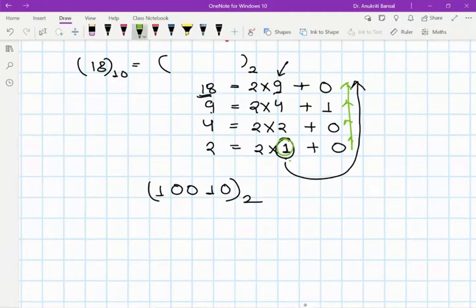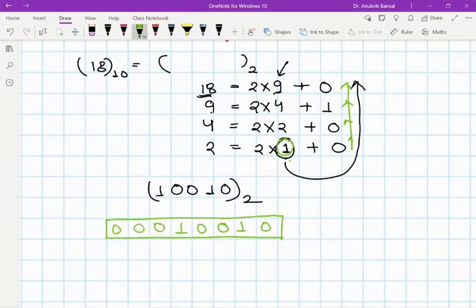So I have a total of 8 bits. This is my number, which is occupying 5 bits, and the remaining will be 0. So in 8-bit representation, this will be the binary equivalent of 18.